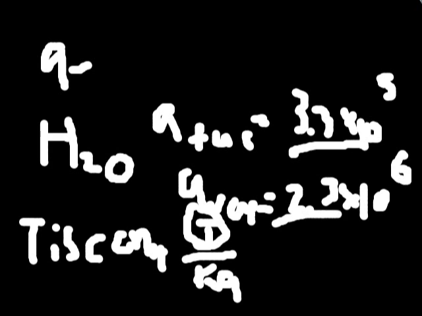What does the 2.3 times 10 to the 6 joules per kilogram mean for vaporization? It means you have to add 2.3 times 10 to the 6 joules to change 1 kilogram of water into gas, or remove the same amount of heat to change 1 kilogram of gas into water.